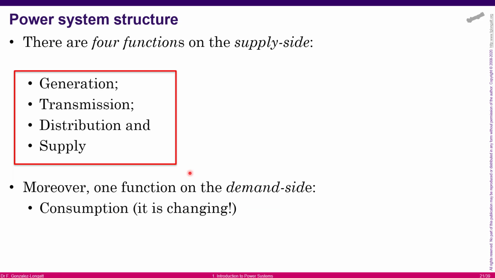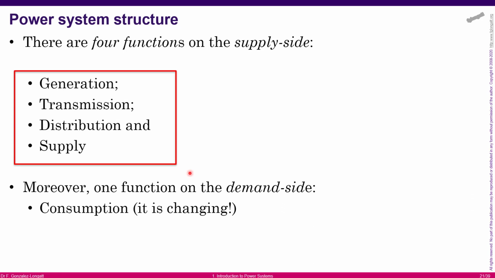An electrical power system basically is an electric network that fulfills a few objectives: producing electricity, transporting electricity, and distributing the electricity to the customers.